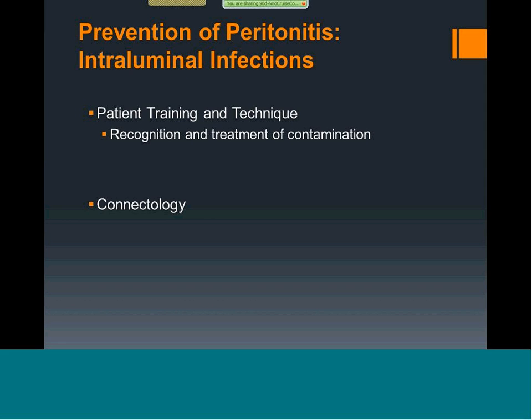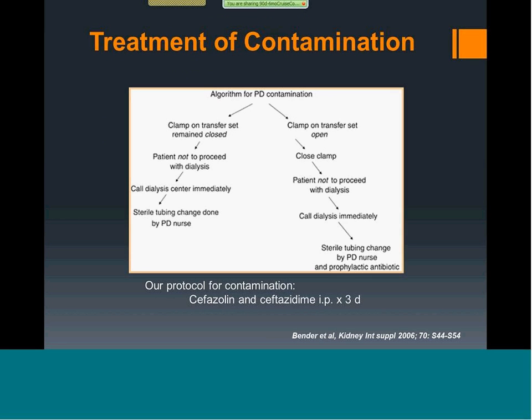The connectivity is less important now because all of us use the twin bag system for PD. But it is also very important that patients who use a cycler not manually spike the bags, but use connection assist devices to spike the bags, to prevent contamination at the time of connection and disconnection.